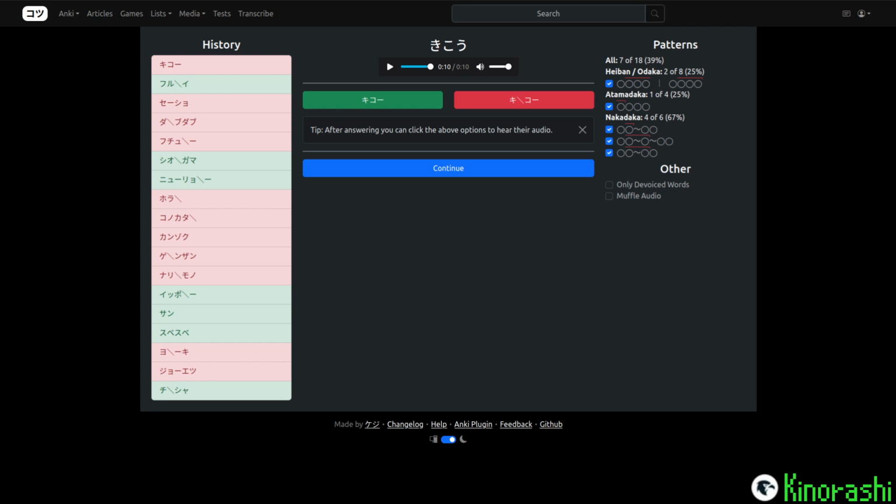Okay, so continuing this. Gurai. Forgot that word. Because of the kanji, I know what that word means, but I always forget how it's pronounced.